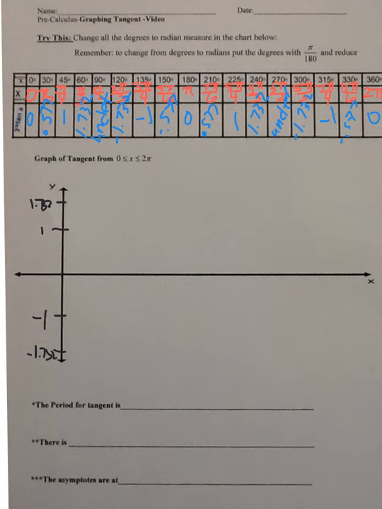And we need 0.5773, so it's just about halfway, and negative 0.5773. Okay, I just want to fix this one here.